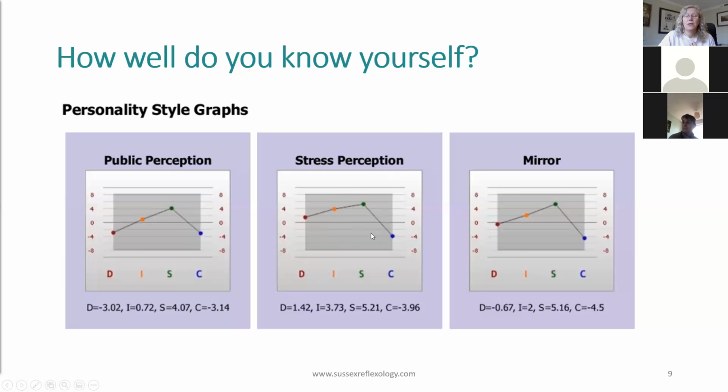Now, we all have learned responses to pressure, and it's quite interesting. On here with me, the D is for dominance and the I is for inspiration. Interestingly, when I get stressed or put under pressure, I get more dominant, more assertive, but I also get more inspirational.